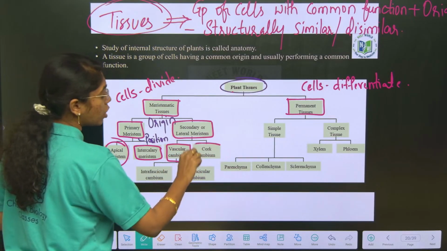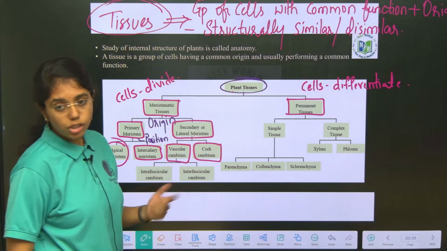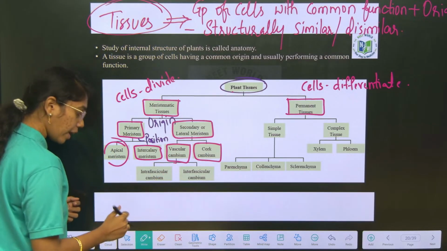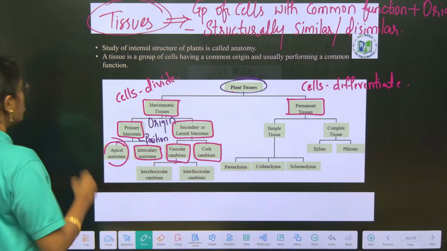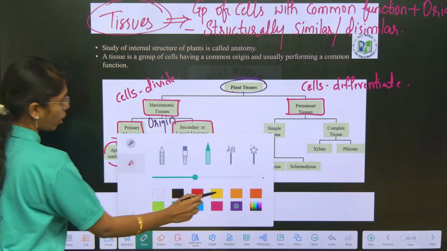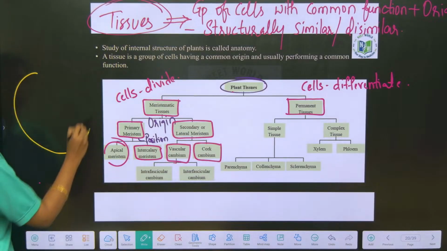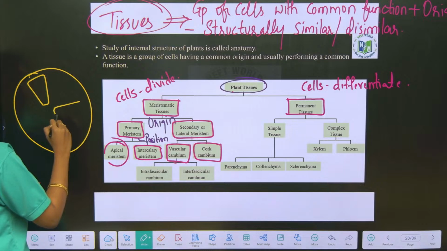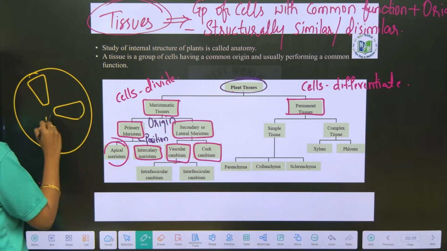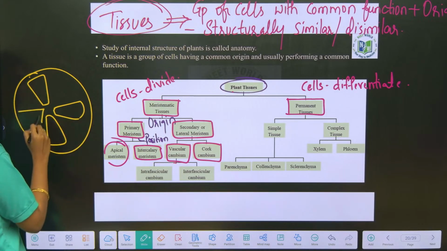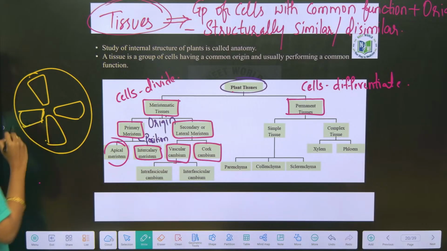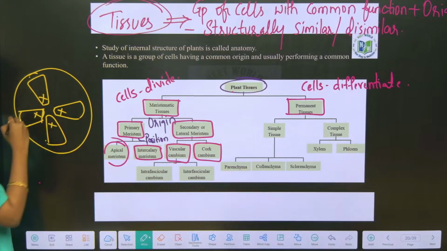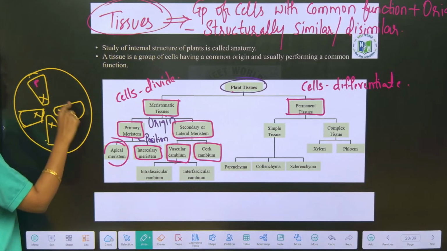If it is present in the cortex tissues, it is called cork cambium. Vascular cambium is intrafascicular and interfascicular. If you take a dicot vascular bundle like this, the stellar region in a dicot stem, xylem will always be close to the pith. Xylem is close to the pith and this is phloem.